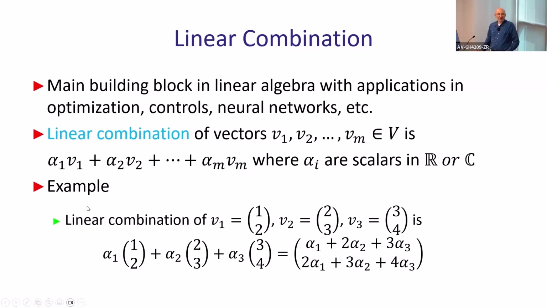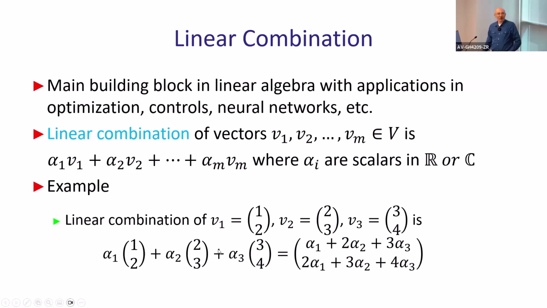And here is a simple example of that. Let's say you have vectors v1, v2, and v3. You want a linear combination of these vectors. The linear combination will always be of the same dimension as the original vectors, and you can combine them only if they are of the same dimension. So all of them, in that case, are 2 by 1, right? They are (1, 2), (2, 3), and (3, 4).